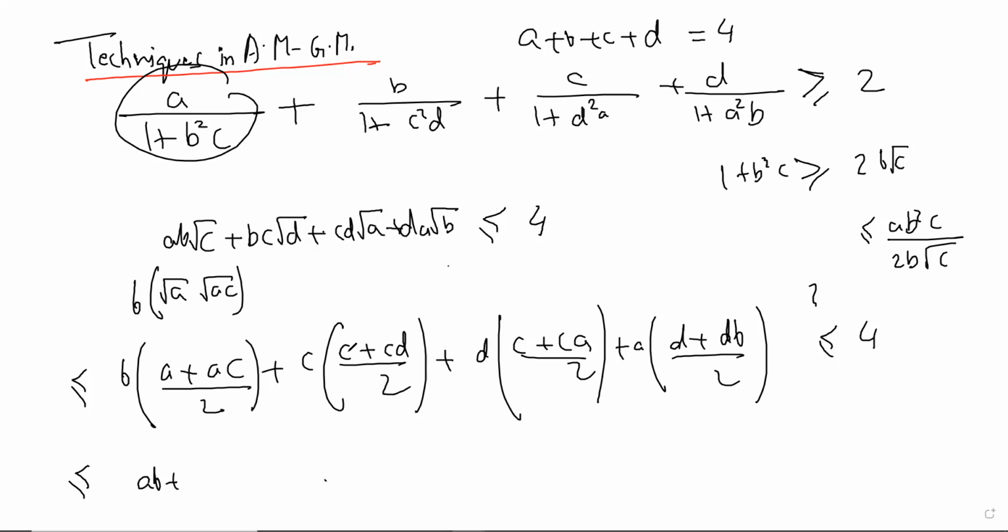This should be B here, and this should also be B. So it makes sense now. BC, CD, DA. This is a good expression which is on the left hand side; you can always get that. And then you have this ABC and BCD, and here you have CAD.